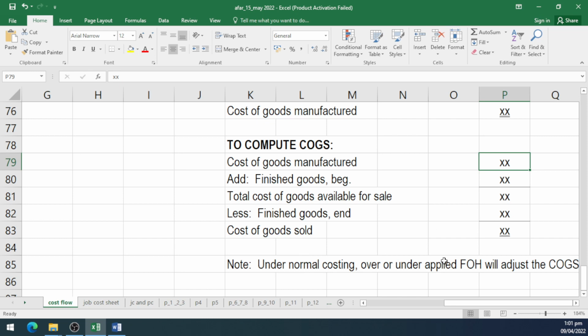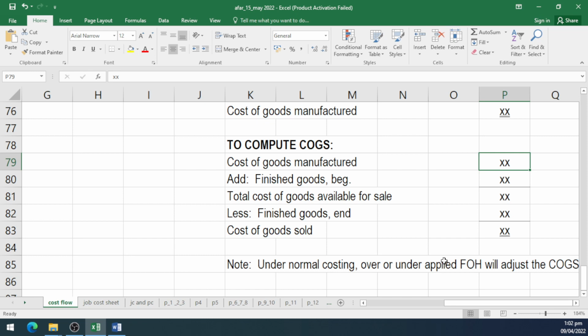Same analysis, ladies and gentlemen, kapag hindi given yung amount ng beginning at ending finished goods, instead ang given ay yung increase or decrease in finished goods. Pag nagsimula kayo sa cost of goods manufactured at nag-decrease ang finished goods inventory, i-add nyo yun. Ano? Kasi pag nag-decrease yung finished goods, maraming nabenta.